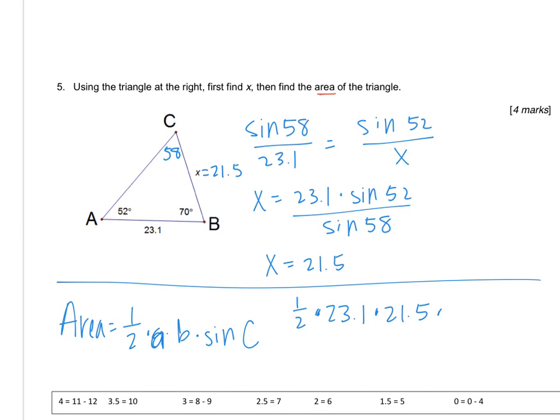And then the angle has to be the angle in between them. So that is the 70. So 0.5 times 23.1 times 21.5 times sine 70. And I got the area equals 233.3.